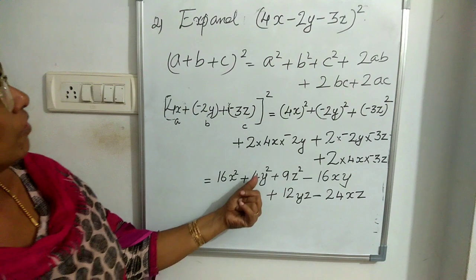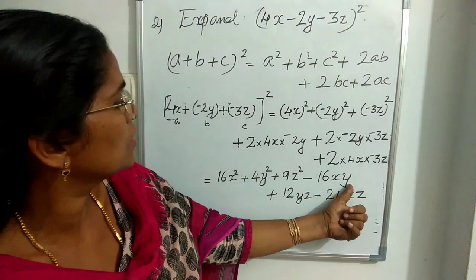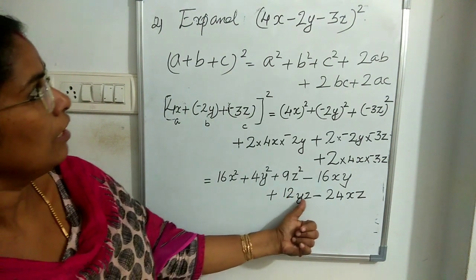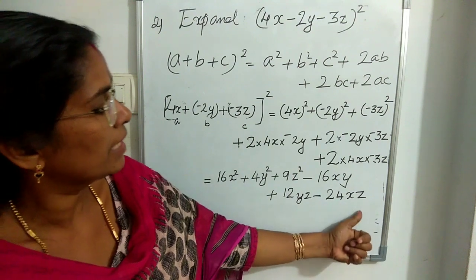16x square plus 4y square plus 9z square minus 16xy plus 12yz minus 24xz.